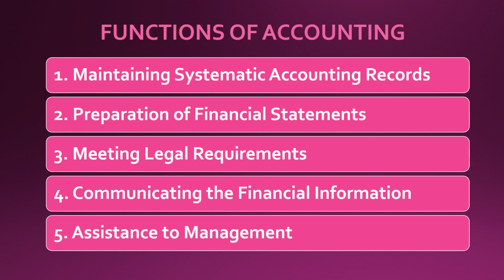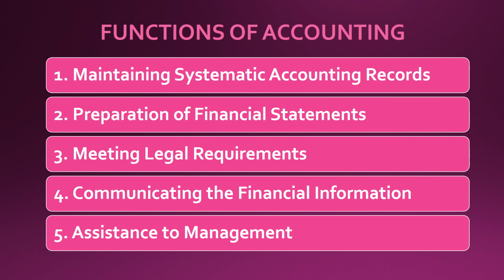This function is the primary function of accounting, in which all the financial transactions, they are recorded in a systematic way in the book which is called journal, and another book where the classification is done, that is called ledger.